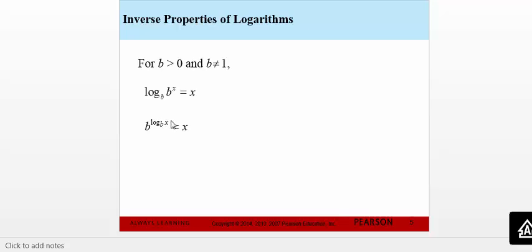So if I apply that exponent to b, the result is x. So if f of x is the base b to the x, and if f inverse of x is the base b log of x, then this is the composition function f inverse of f of x. And this would be f of f inverse of x.